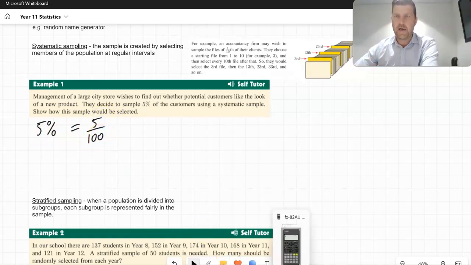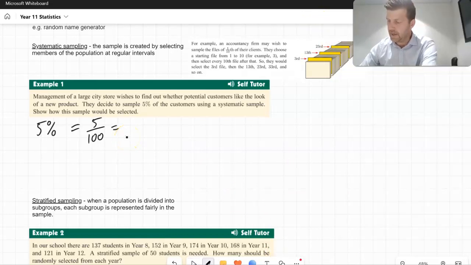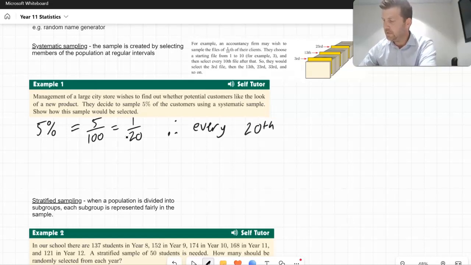So I know how to simplify that, but if you don't, you can use your calculator. 5 over 100, and your calculator will simplify that to 1 over 20. So 5 over 100 is also 1 over 20, which means, therefore, every 20th customer will be surveyed.